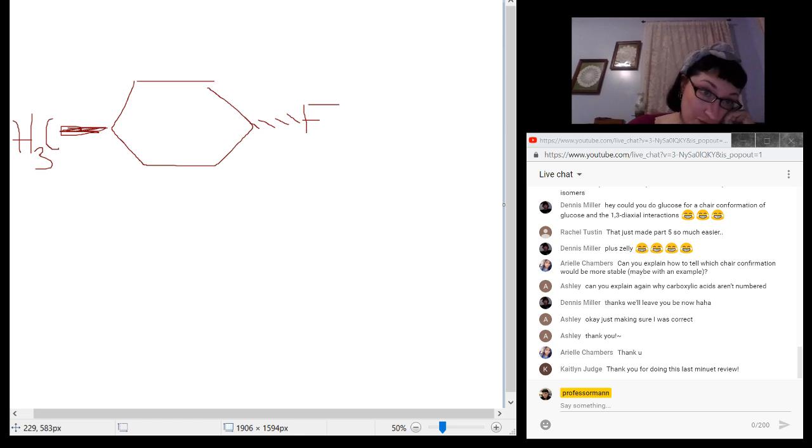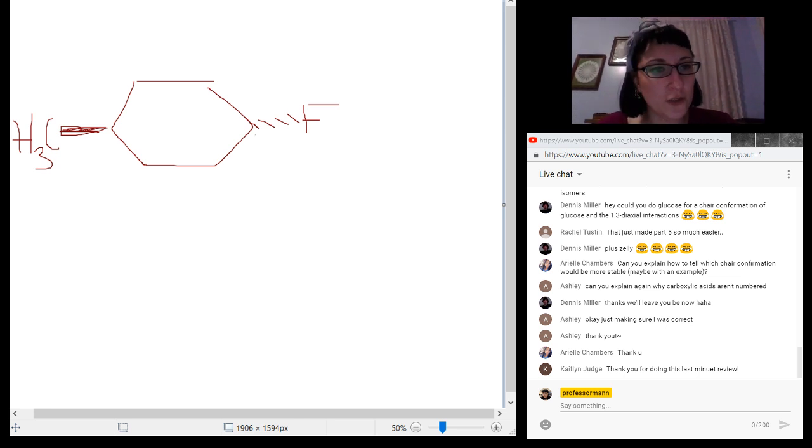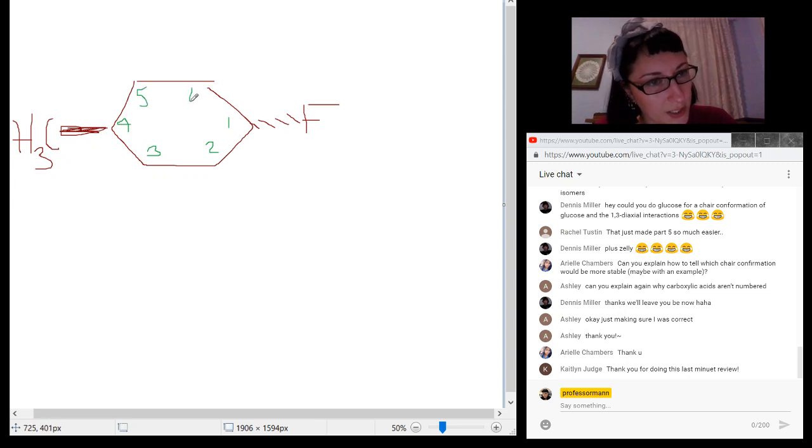So first things first, draw 2 chair conformations. And if we want to be able to compare results, which would be kind of nice, on an exam, if there were 5 different ways of doing something, it doesn't matter if it's not how I have it on my key. If it's right, it's right. But just for the sake of us doing this tonight, let's number it that way.